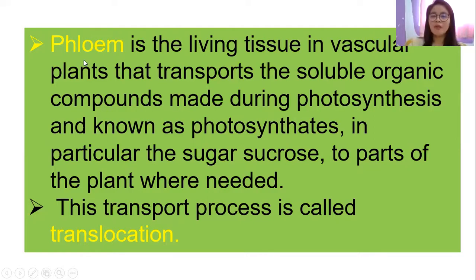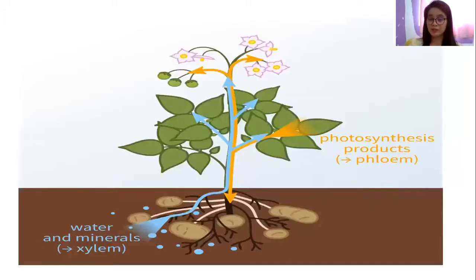The phloem is going to transport food from the leaves, going to the stem, flower, and roots, because plants make food from photosynthesis, and we're going to talk about that later. So xylem is water, and phloem is all about food.